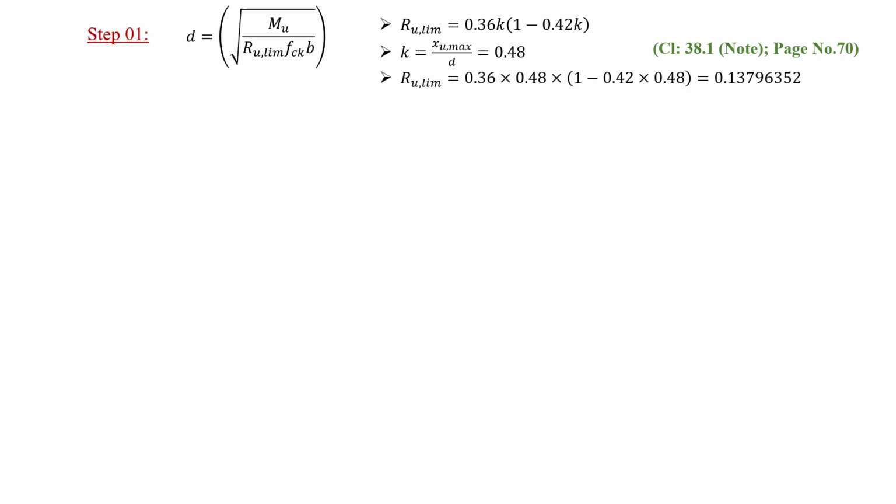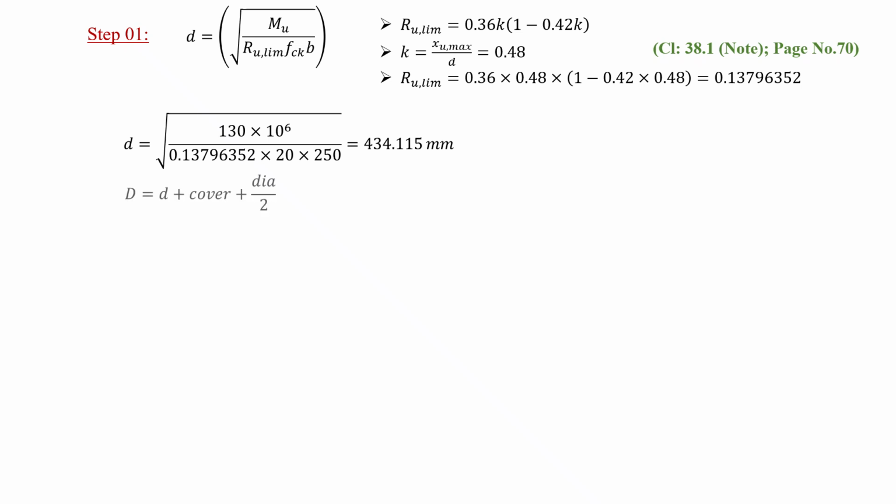Just substitute the 0.48 in this Ru limit, then we get Ru limit as 0.1379. So we got this Ru limit, we know what is my ultimate bending moment, and once we substitute this fck 20 and width of the beam as 250, we'll be getting a depth of around 434.115 mm.